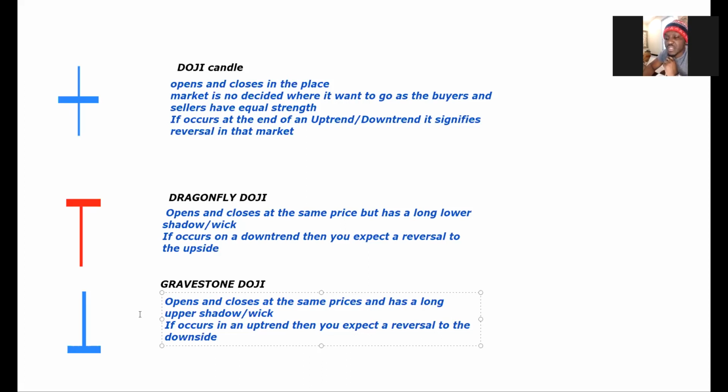This is simply saying the sellers are pushing the market down. Now, if it occurs in an uptrend, you expect a reversal in that market.